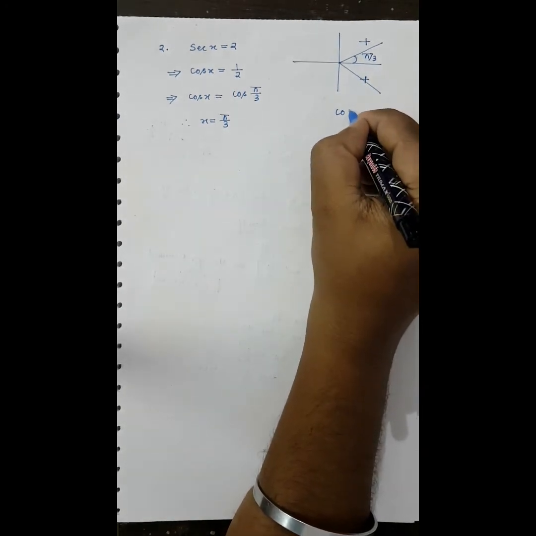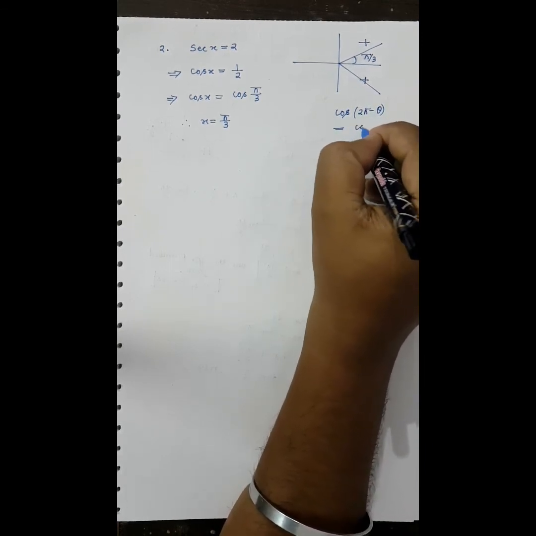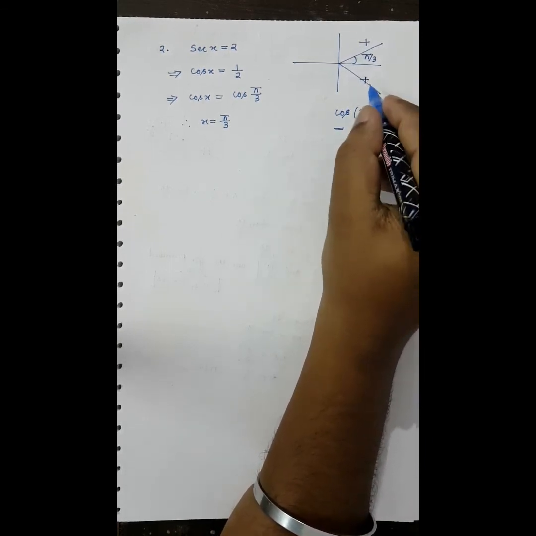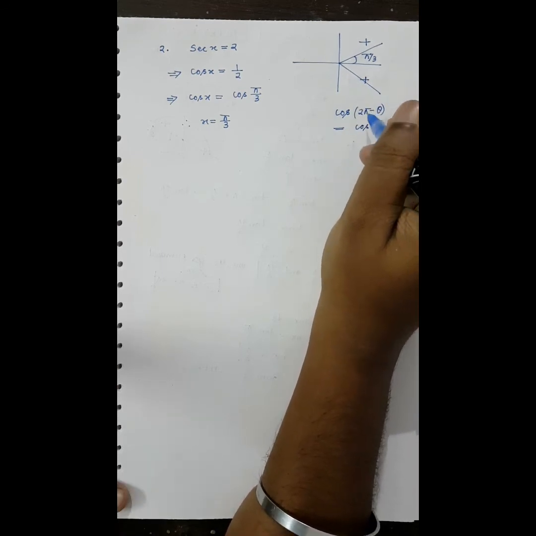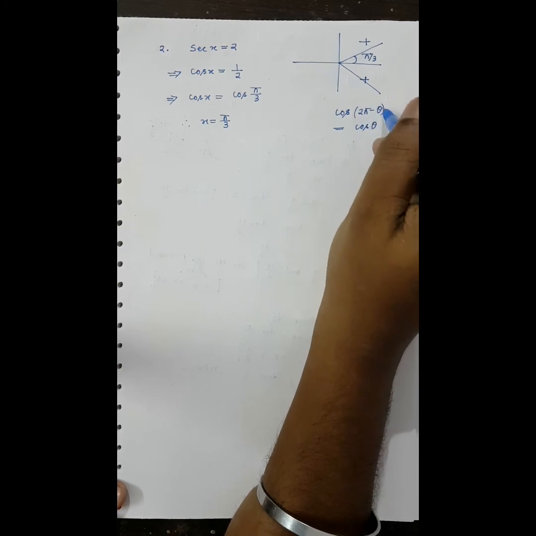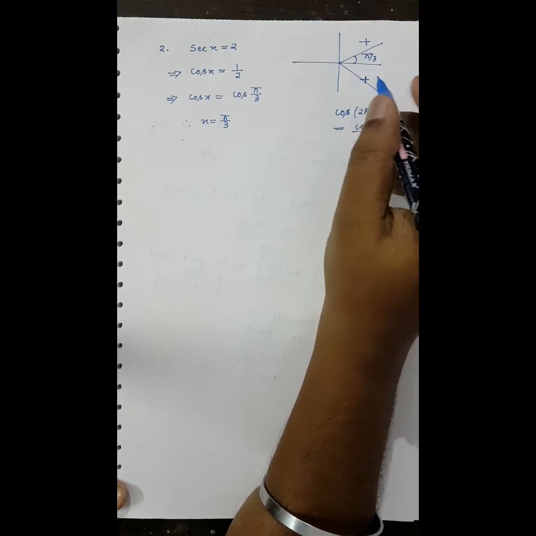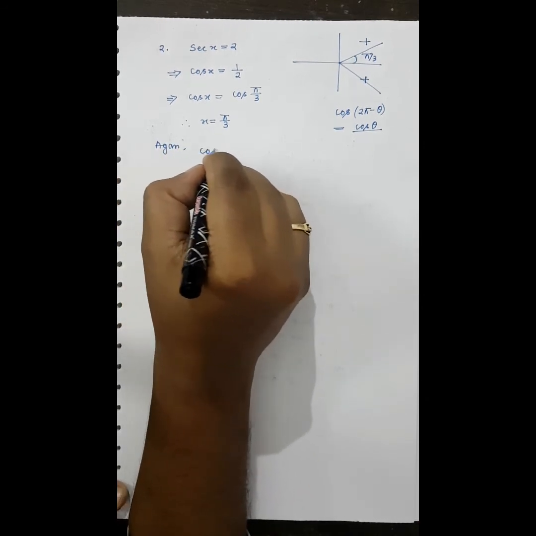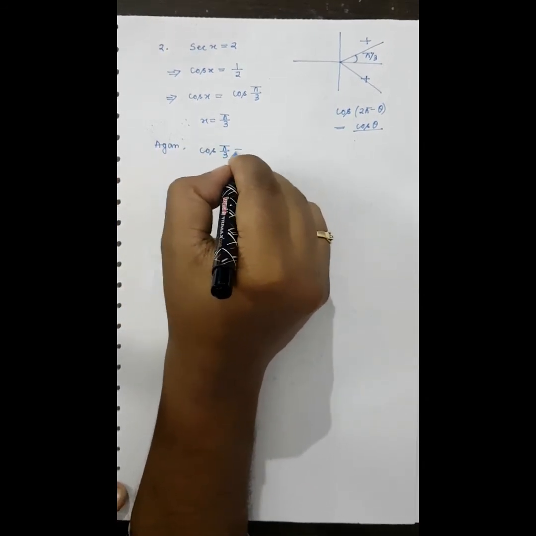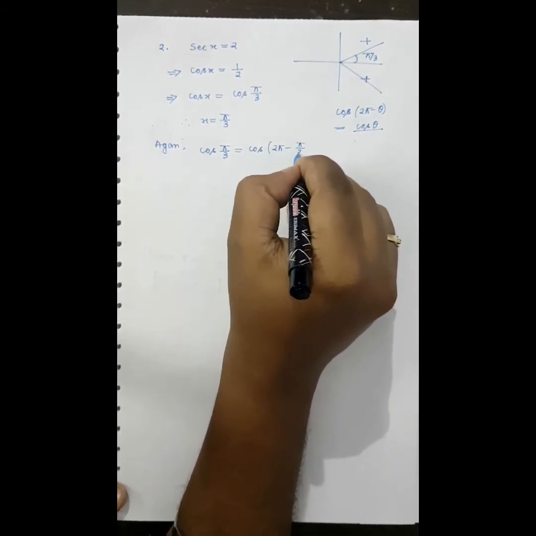So we know that cos of twice pi minus theta is equal to cos theta. In the fourth quadrant the value of cos x is also positive. For theta acute, the value twice pi minus theta will be in the fourth quadrant. So again you can write that cos pi by 3 is equal to cos of twice pi minus pi by 3.